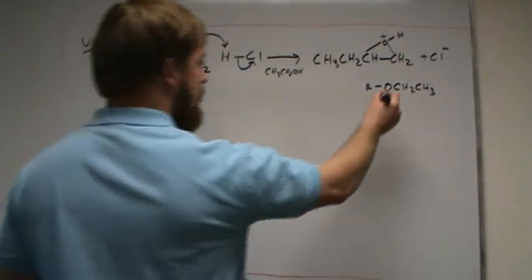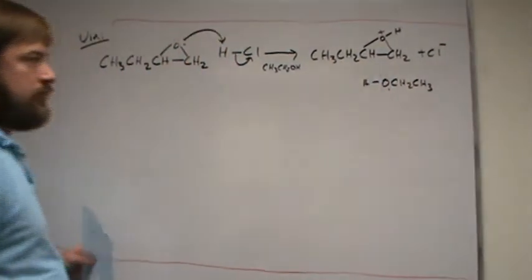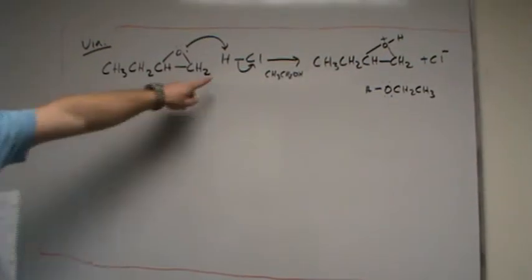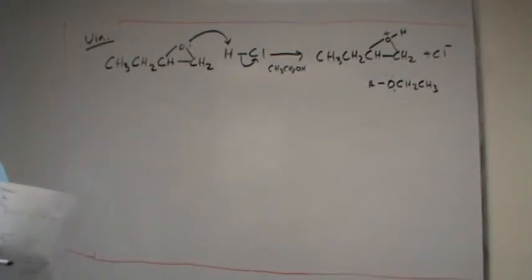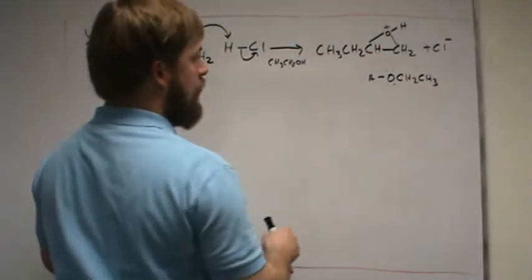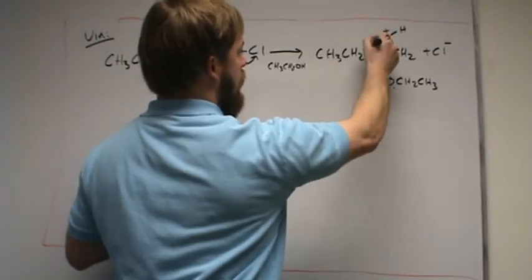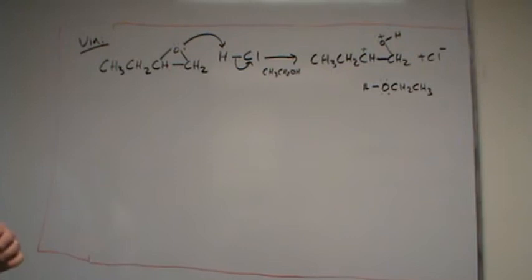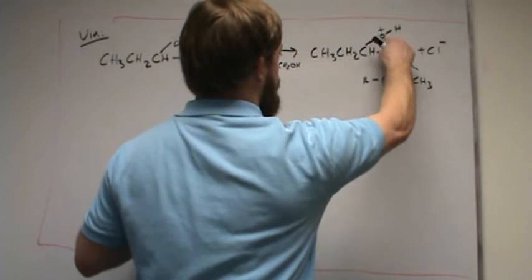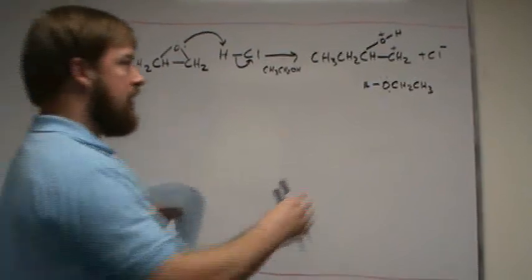So what we have to decide is if it attacks this carbon or this carbon. Remember we said that under acidic conditions with epoxides, the reactions are SN1-like. If I broke this bond and put a carbocation there, it would be a secondary carbocation. If I broke this bond instead, I would have a primary carbocation, which is less stable.